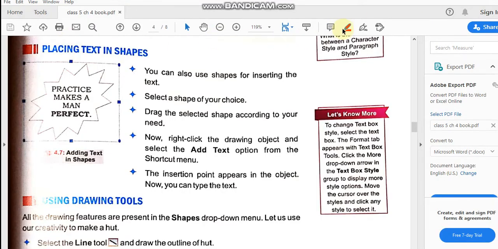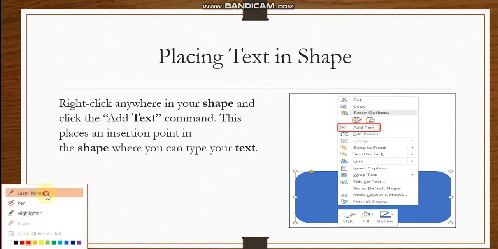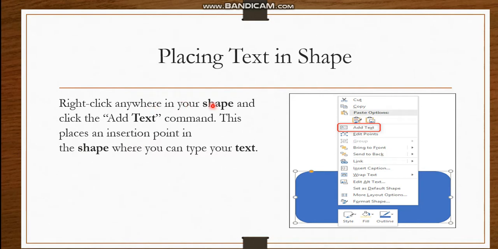So here we are in placing text in shapes. Like this shape has been taken, and to add text in this, right click on the object and select the add text option. We see in PowerPoint also, placing text in shape: right click anywhere on the shape.